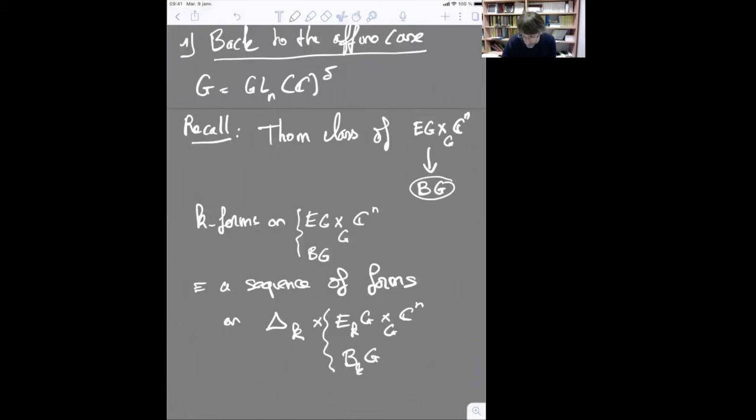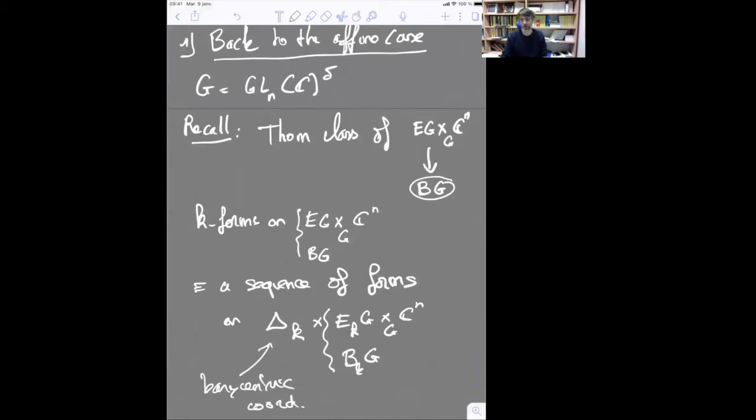So recall that EKG is a set of k plus 1 tuples of elements in G. So now each time you see a k plus 1 tuple, you put a k simplex, that's how you do the geometric realization, and on this k simplex you use barycentric coordinates.